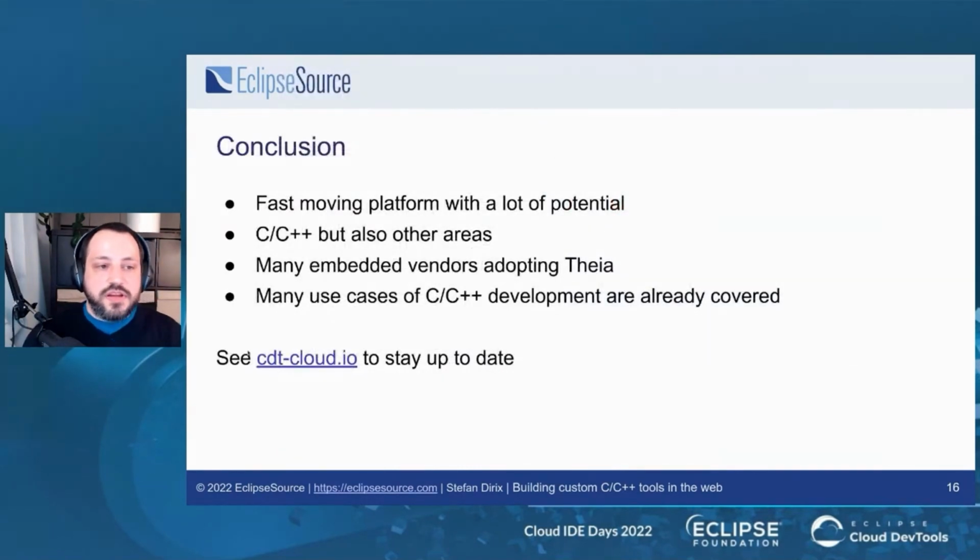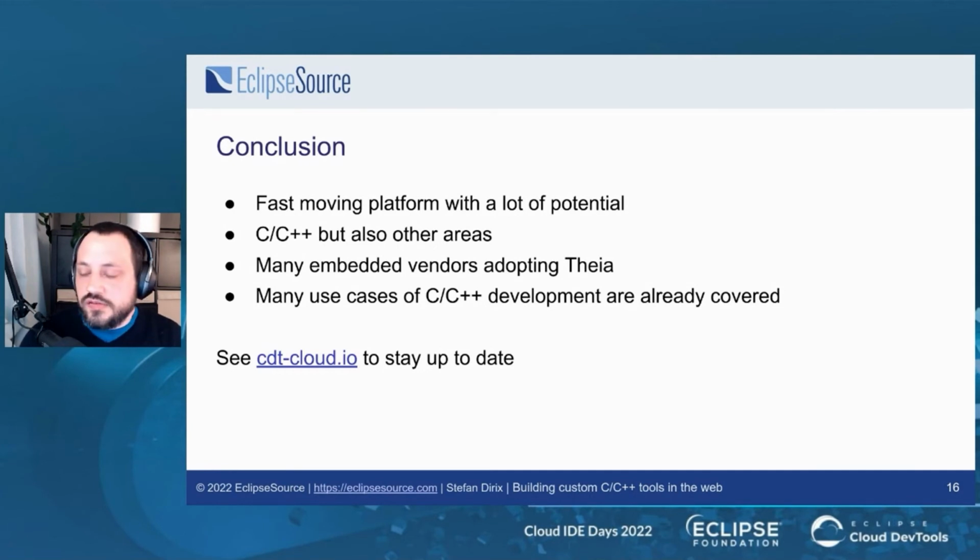With that, we already come to the conclusion. So the web is a very fast-moving platform, has a lot of potential, and it seems C++ is a very good fit. Many embedded vendors are already adopting Theia. So when you think about the Arduino IDE 2.0 or the Cloud by ARM, they're already using it, and many more are coming up.